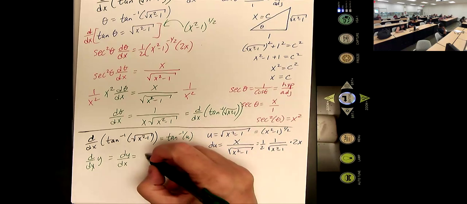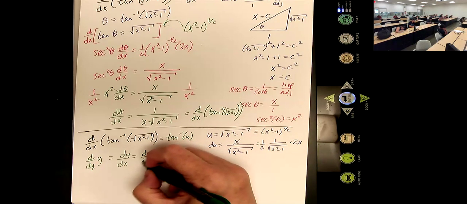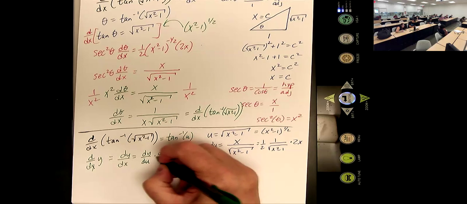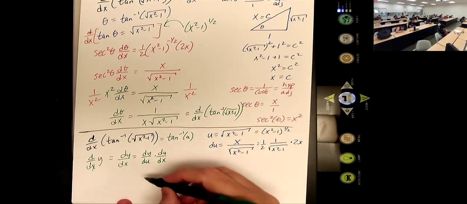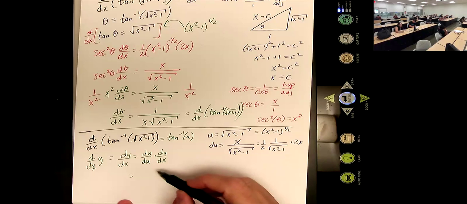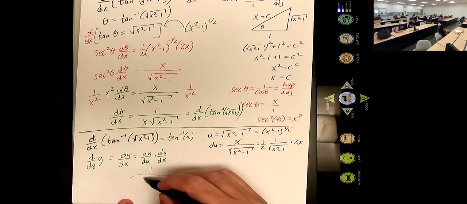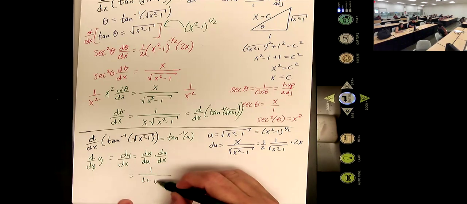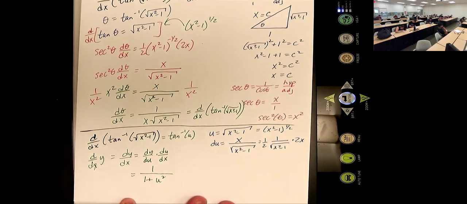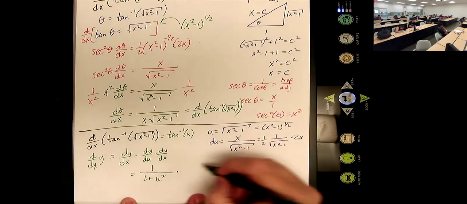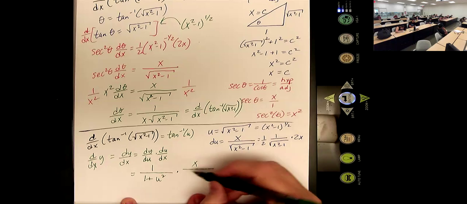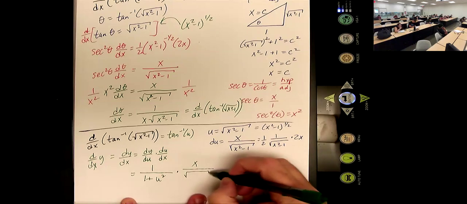So I need a dy du times du dx, chain rule. And dy du, tangent inverse was 1 over 1 plus the argument squared. And du dx was x over square root of x squared minus 1.